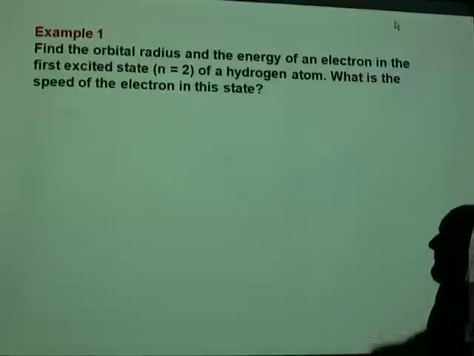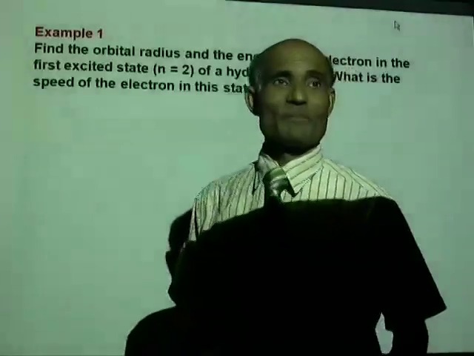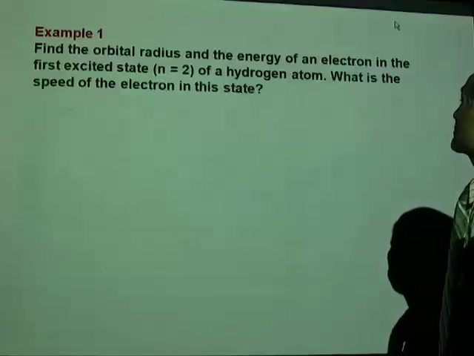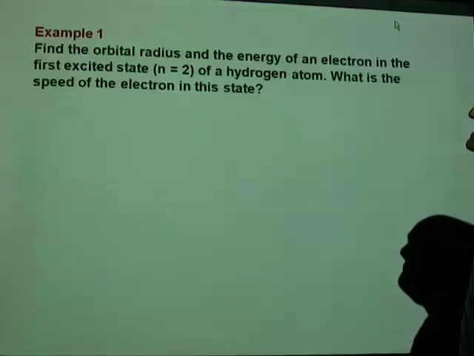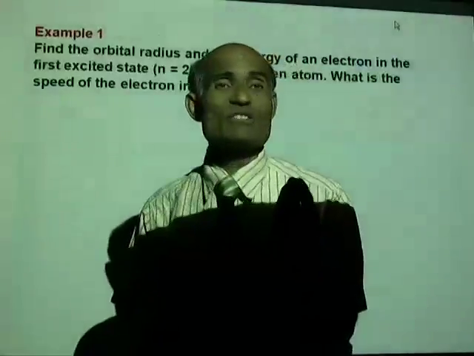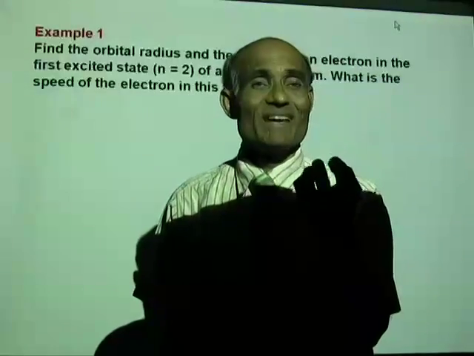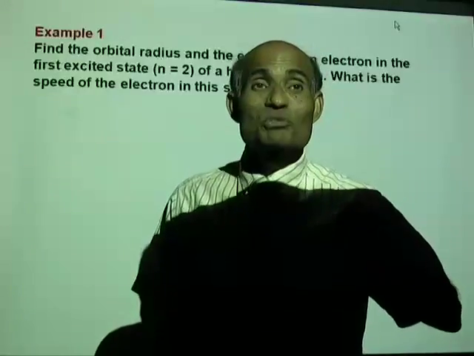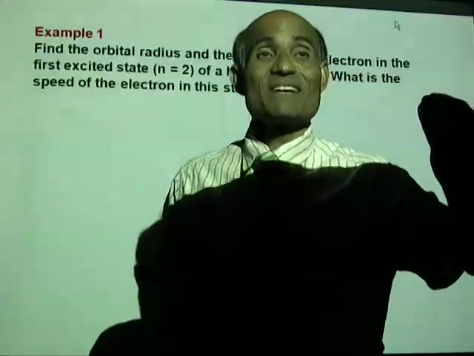Alright. Let's do a small example. Find the orbital radius and the energy of an electron in the first excited state. Now, n equal to 1 is called the ground state. n equal to 2 is the first excited state. n equal to 3 is the second excited state, and so on.